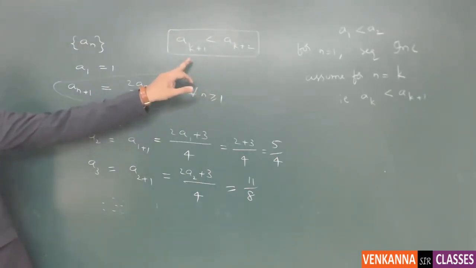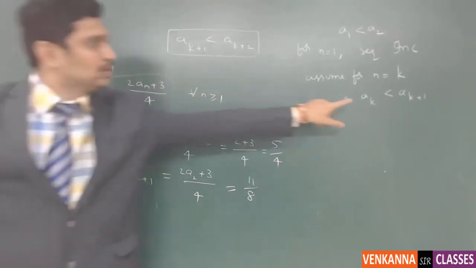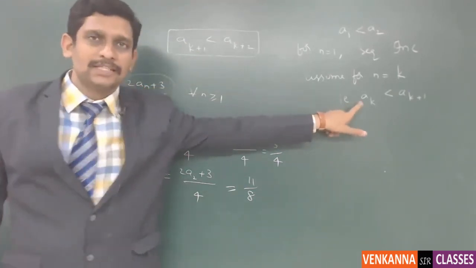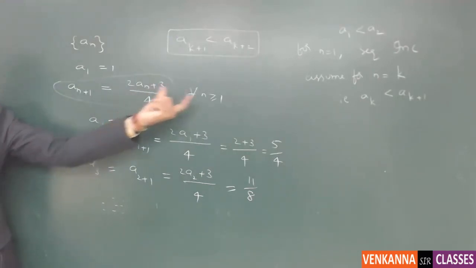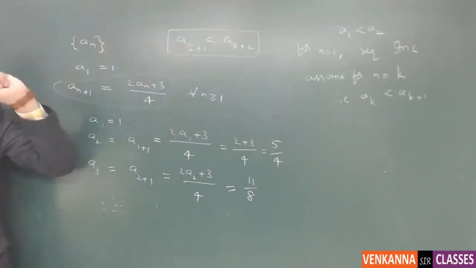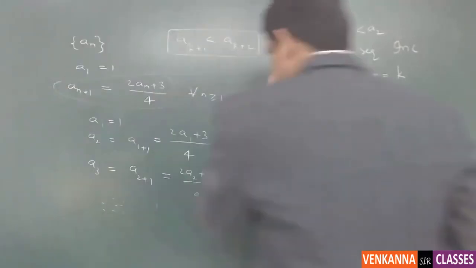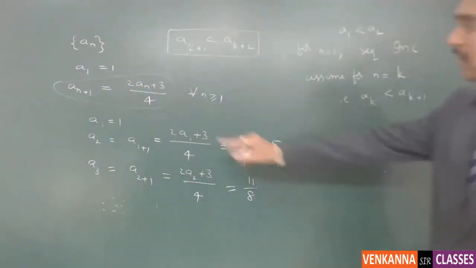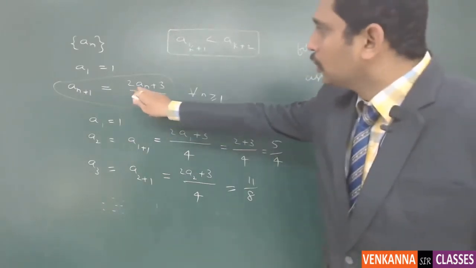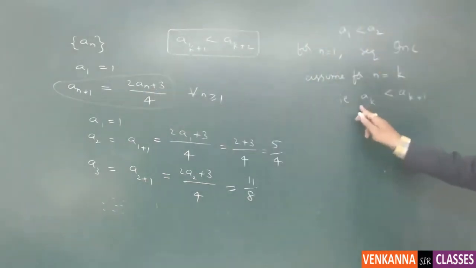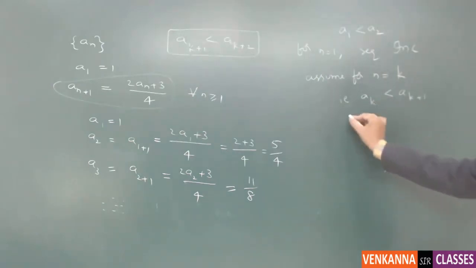How I am going to show this is using this induction hypothesis and observing this recursive formula. I will prove my task. How is it going to be? If you observe the terms in the numerator 2an + 3. So first of all, you multiply both sides with 2.